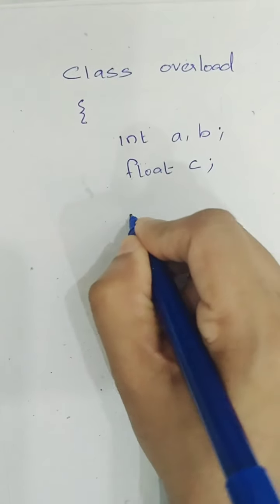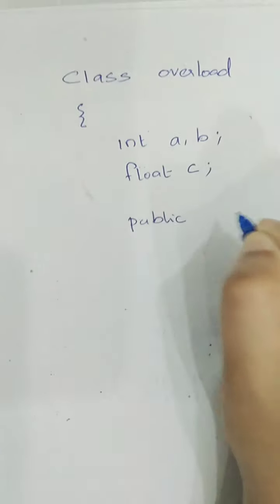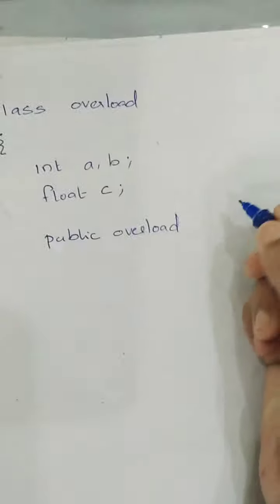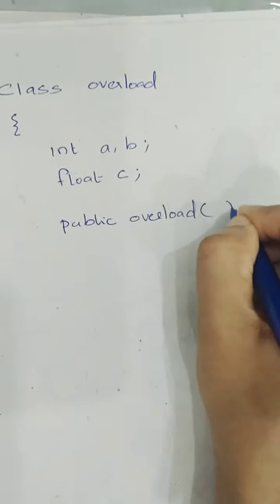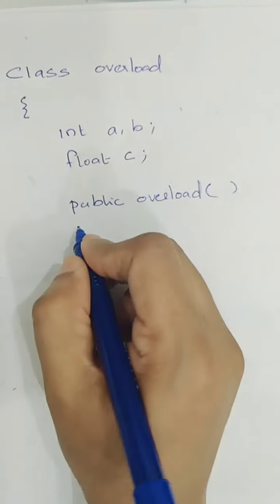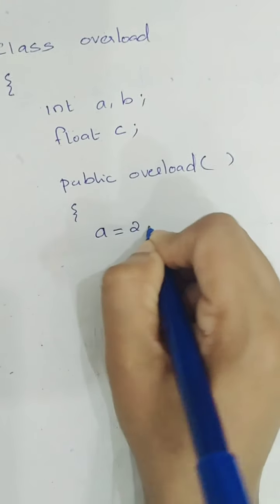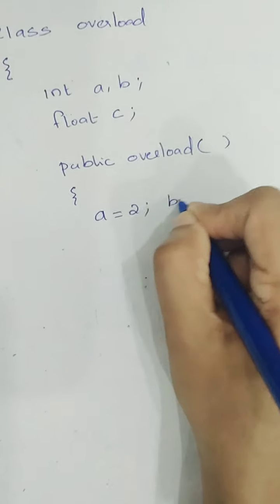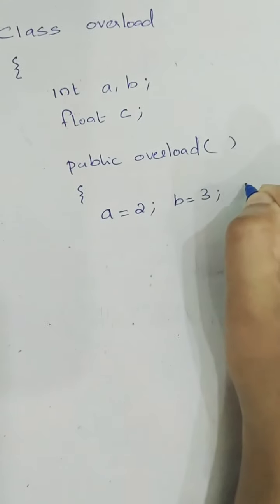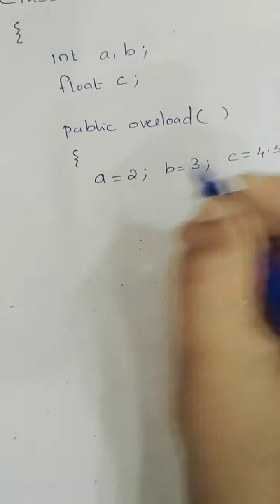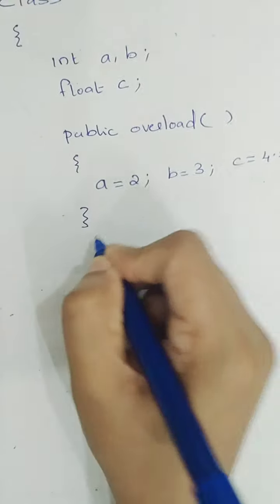Now I am writing a constructor, public overload. See, the name of the class and the constructor, both are the same. This is a non-parameterized constructor. Here I am assigning a equal to 2, b equal to 3, c equal to 4.5. Okay, and then I am closing it.